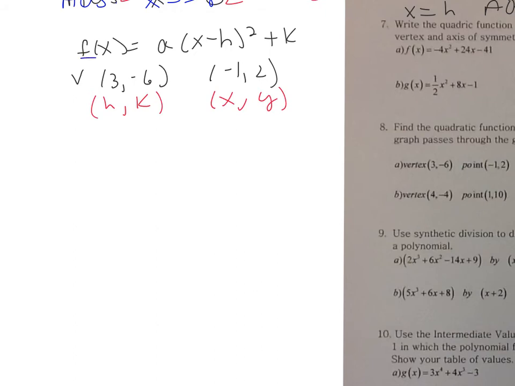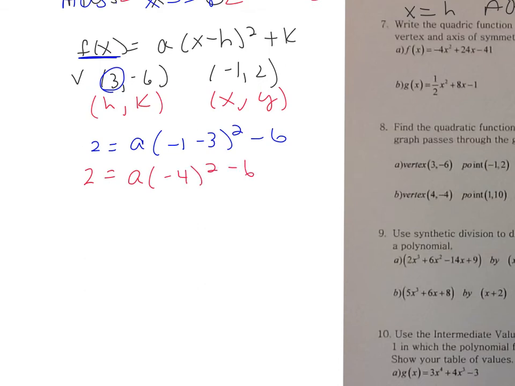So my f of x, which is y, is 2, equals a, that's what I'm going to solve for, times x, which is negative 1. My h is 3, so when I plug it in, I get negative 3, squared plus k, which is minus 6. So it's 2 equals a times negative 4 squared minus 6. 2 equals positive 16a minus 6.